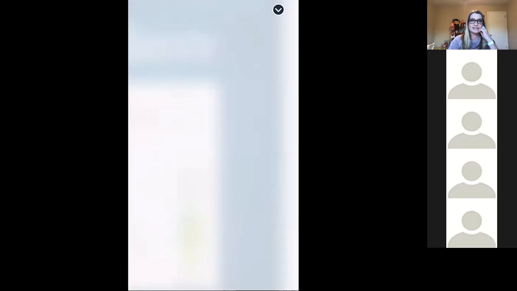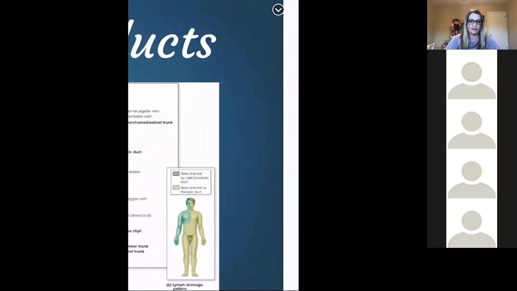So let's look at the next image right here. And this one has the trunks and ducts labeled for you. These are left and right for most of them. Okay, so we have right jugular trunk, you would have left jugular trunk as well. I'll just talk about them kind of in general as far as what they drain.